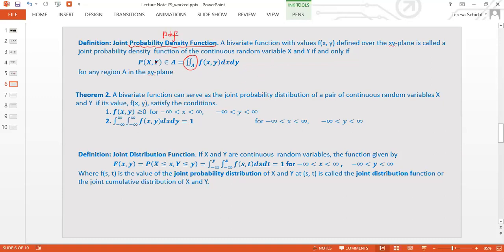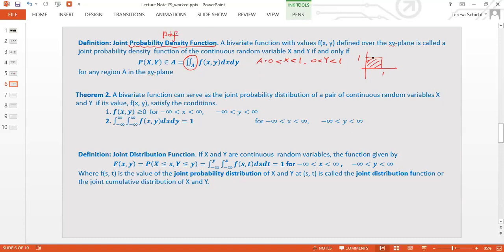For example, if x is from 0 to 1, and y is from 0 to 1, you just integrate inside this region.